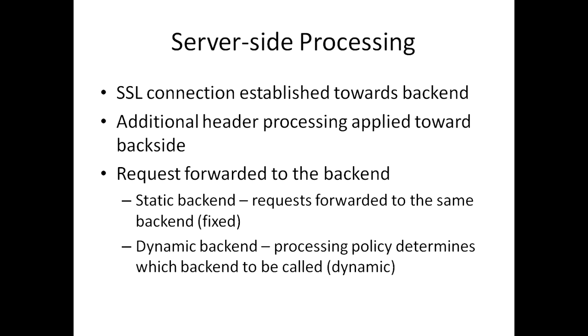One is the static backend, which means we always hit the same backend for all incoming requests. The other is the dynamic backend, which means we change the backend URL based on the incoming request. We can determine that based on the message header, the message format, or some XPath message conditions, and route to the corresponding backend side.